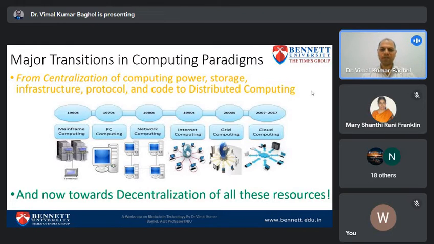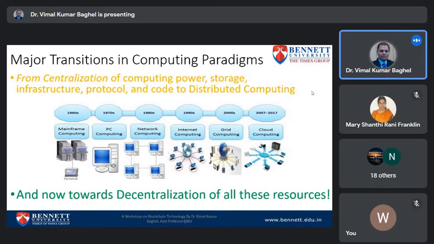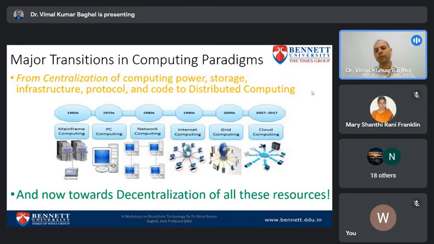That kind of system was a client-server architecture. It had its own drawbacks, like a single point of failure, or dependability on a particular server for the service. Then we went further and witnessed grid computing and then cloud computing.